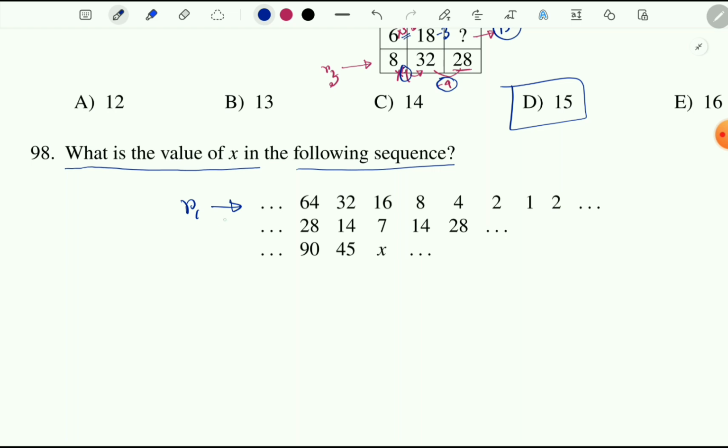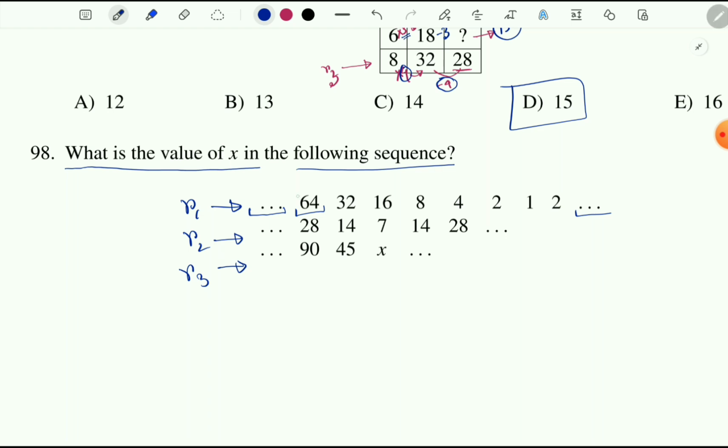This is row number 1, row number 2, and row number 3. In our first row, a number given is 64. There are also numbers we don't know. It means it's a continuous line or continuous row. It doesn't have any fixed starting or ending value.